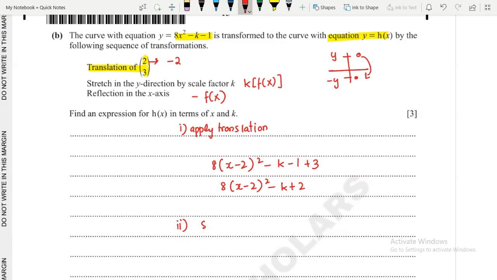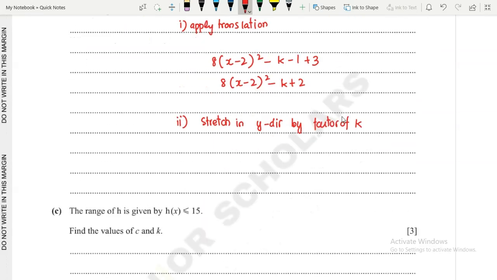Then we are going to be applying the stretch in y direction by factor of k. So remember that in the y direction the stretch is the same, and in the x direction it is the opposite. It is 1 over k.